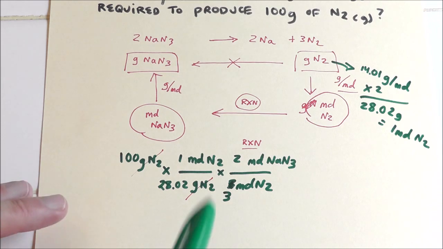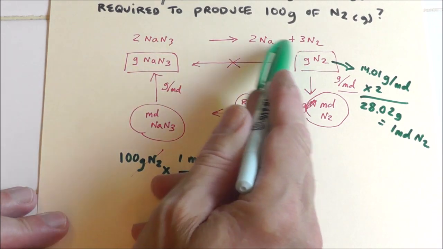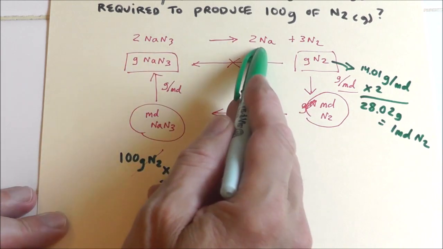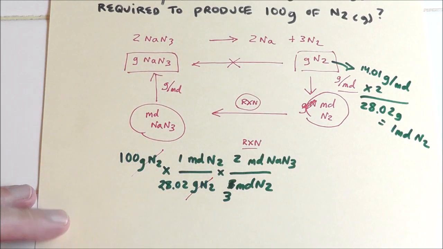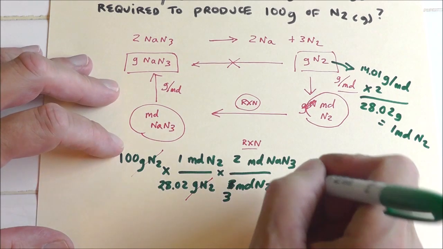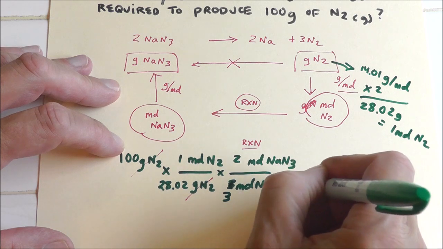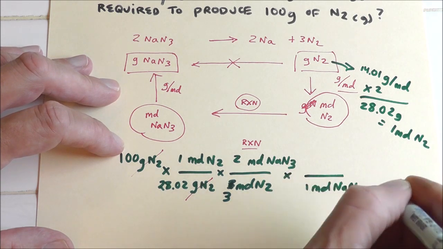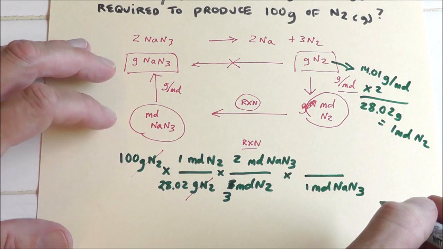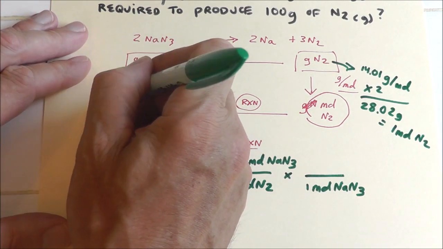That's one of the reasons I think folks should try to balance these in whole numbers and not leave any fractions, because there's going to be a step right in the middle of stoichiometry where you have to convert moles to other moles. And now I have moles of NaN3. The only thing left is to find out what a mole of NaN3 weighs. So let's go figure that out.